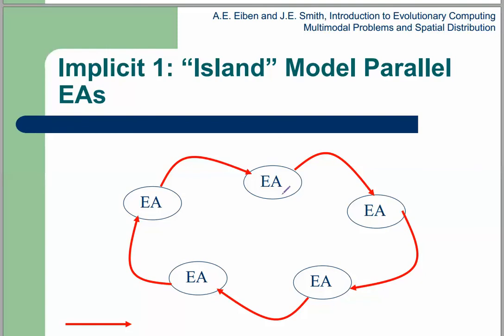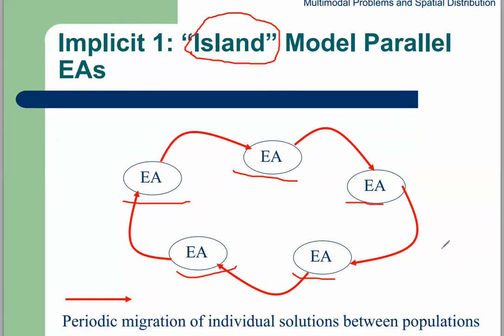The first implicit model of EA is the island model. The island model is one type of implicit EA model in which we divide the population into some EAs. For example, in this shape, we have 5 EAs or 5 populations.